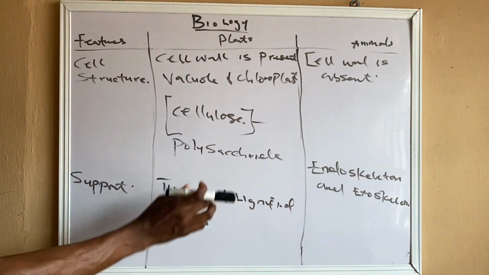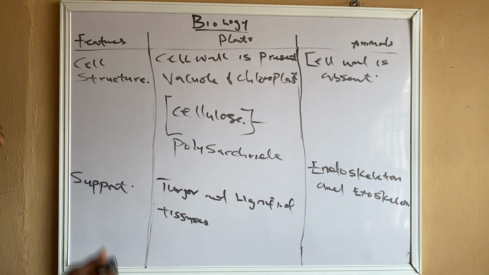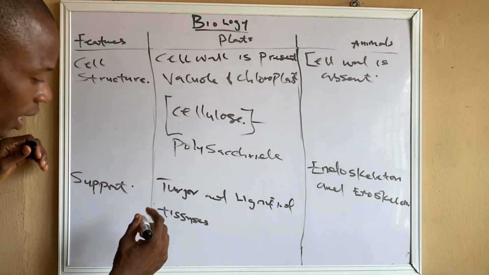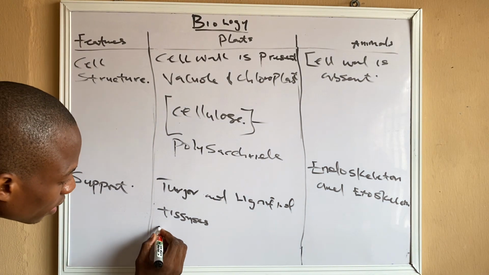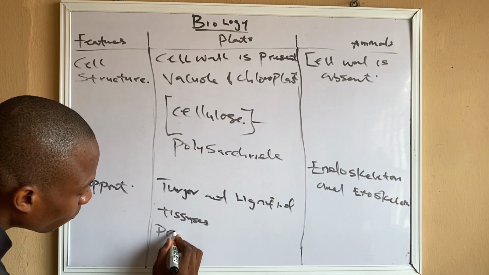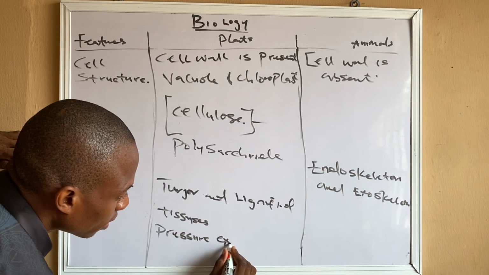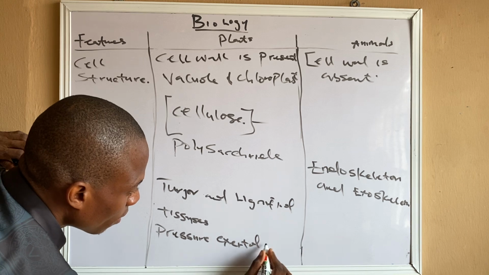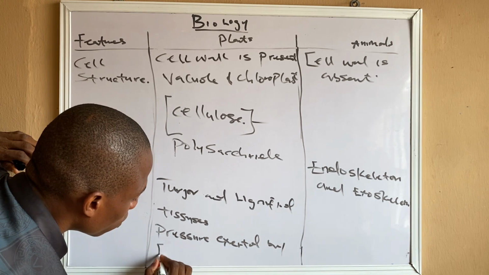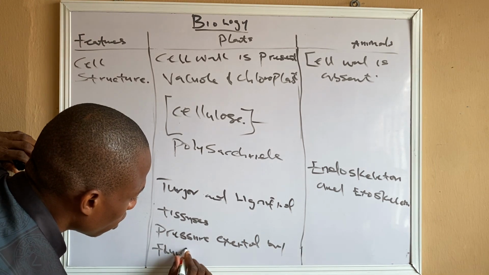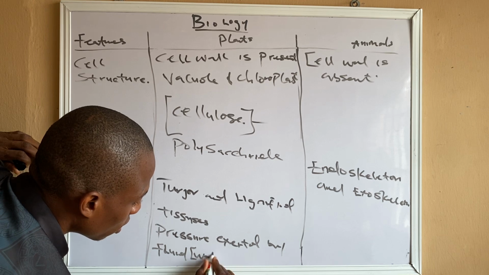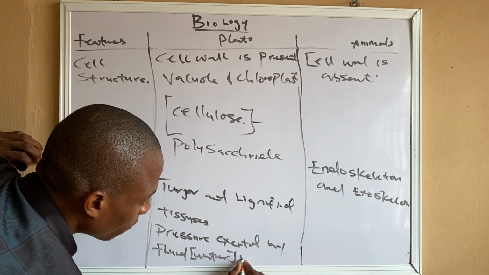Let's now explain. What is turgor? Turgor can be defined as the pressure exerted by fluid, especially water, in plants.